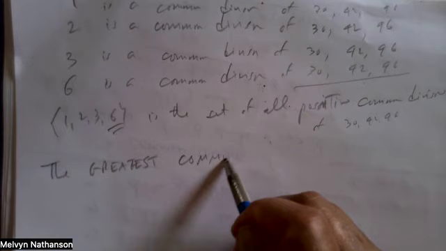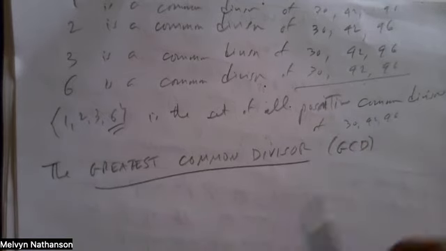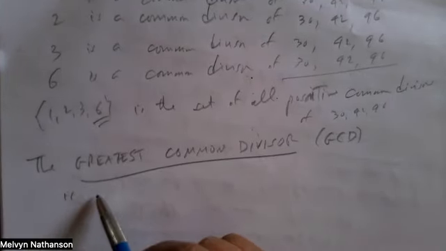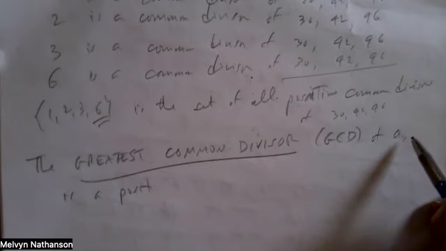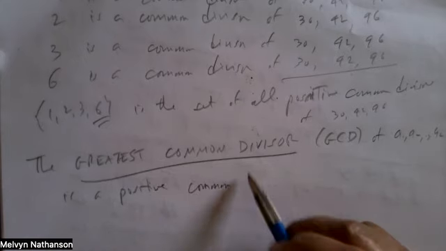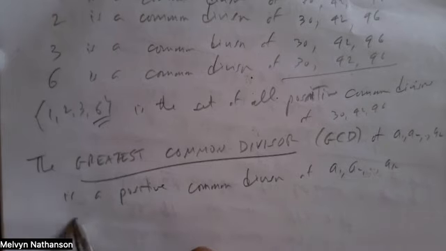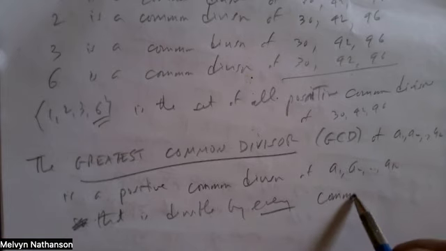The greatest common divisor, or GCD, that's their standard abbreviation for greatest common divisor, is the greatest common divisor of a set of numbers, A1, A2, up to A sub K, is a positive common divisor of these numbers that is in fact divisible by every common divisor of that set of numbers.